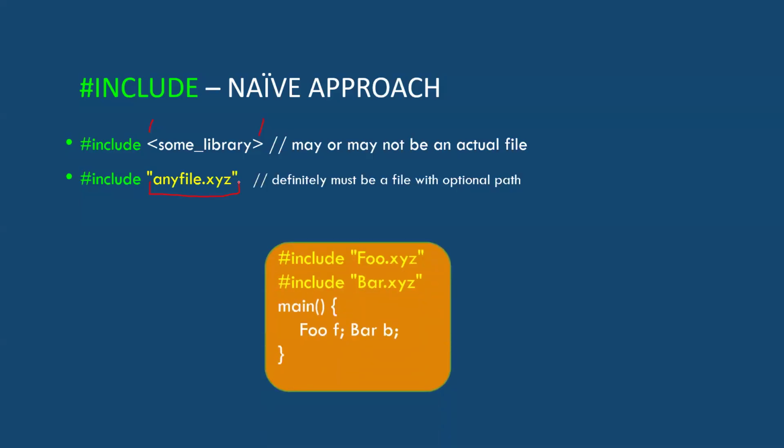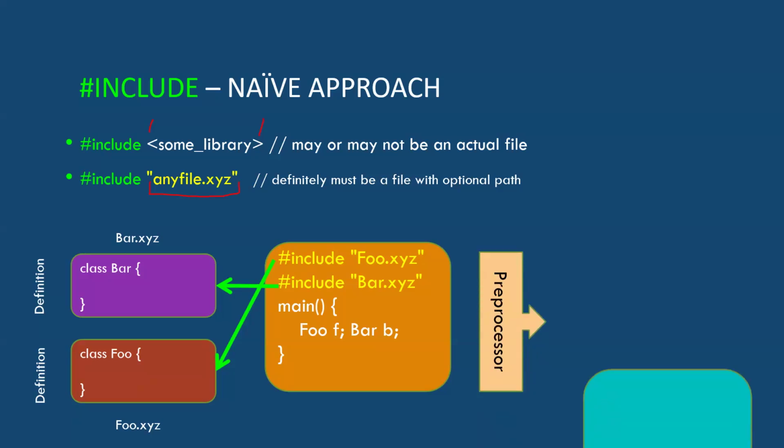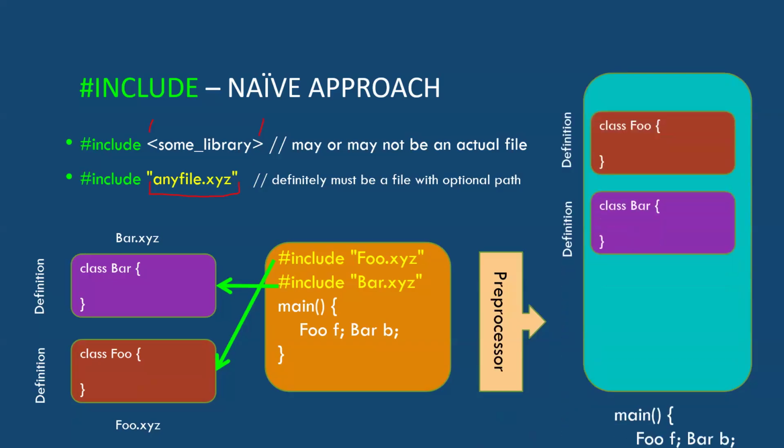But there's nothing magical about the file that we put in there. So if I said include foo.xyz and bar.xyz, and they literally had that C++ code in there, that would probably work, right? If the code that got put in there made sense to the compiler, who cares, right? It's just a giant copy paste, okay? And then the preprocessor comes along and produces this.